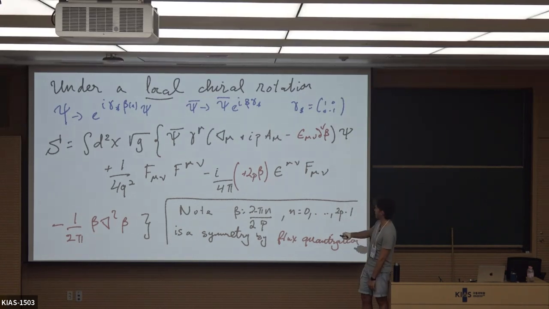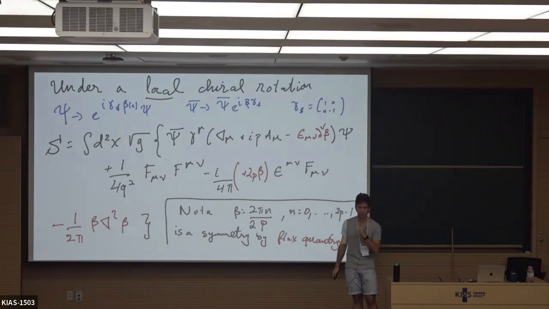So if I take beta to be 2 pi n over 2p, for n from 0 to 2p minus 1, this is again a symmetry of the theory. So I have a discrete chiral shift of beta in the theory where p is not equal to 1, which looks like I have identified a Z2P symmetry of this theory.